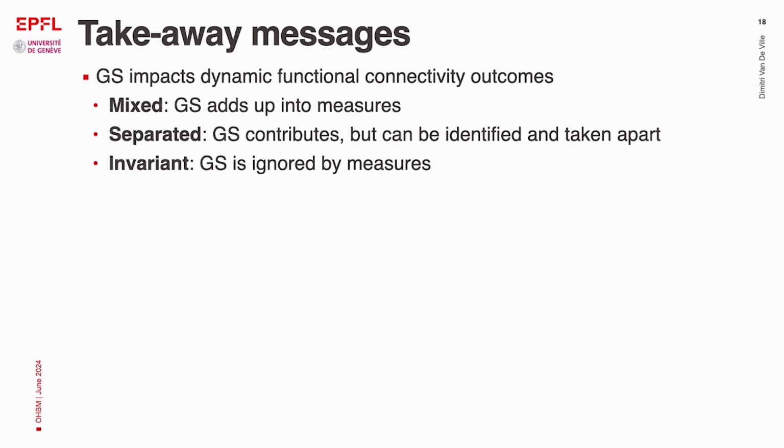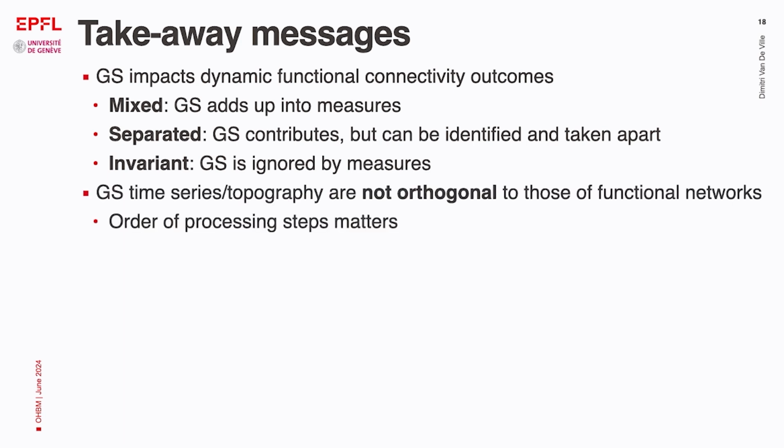And depending on this choice, the global signal might be mixed into your measure, or the global signal could be separated out and clearly identifiable, or it could also be that your method is invariant to the global signal, like the last one that I showed you. And this can also help with interpreting your results if you, for instance, what is often done, apply whatever you do in terms of dynamic functional connectivity, and you compare what you have with and without global signal regression.